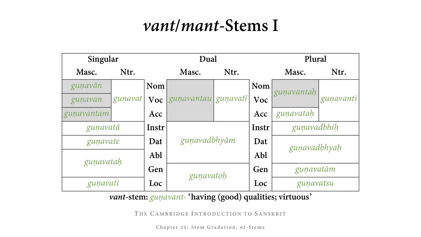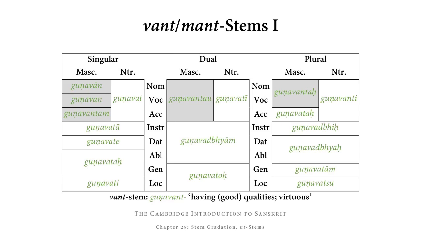Then in the dual, we first of all have a few strong forms again, namely nominative, vocative, accusative, gunavantau. So au, the ending that we already know, added to the strong stem gunavant, no internal sandhi, gunavantau. But in the instrumental dative ablative dual, first of all we have the weak rather than the strong stem, so gunavat.